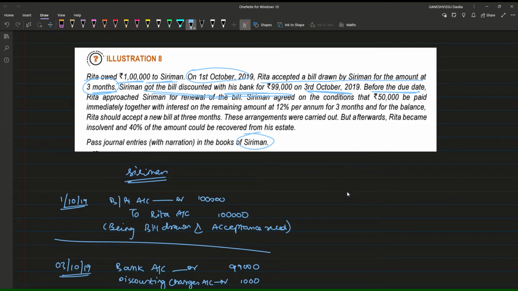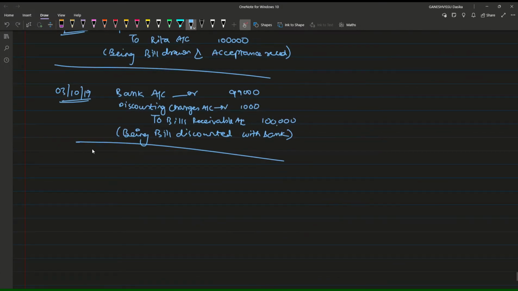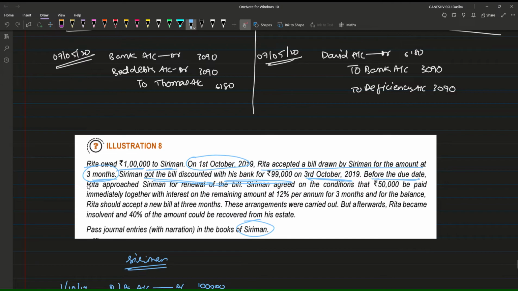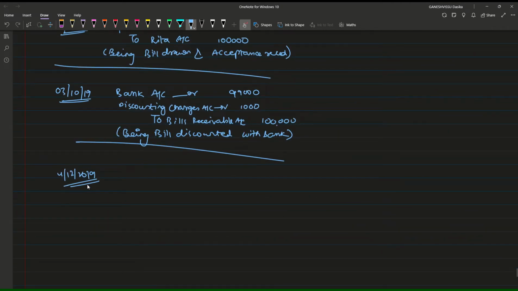October completed, November, December, so on 4th January 2020 it is 3 months, right?